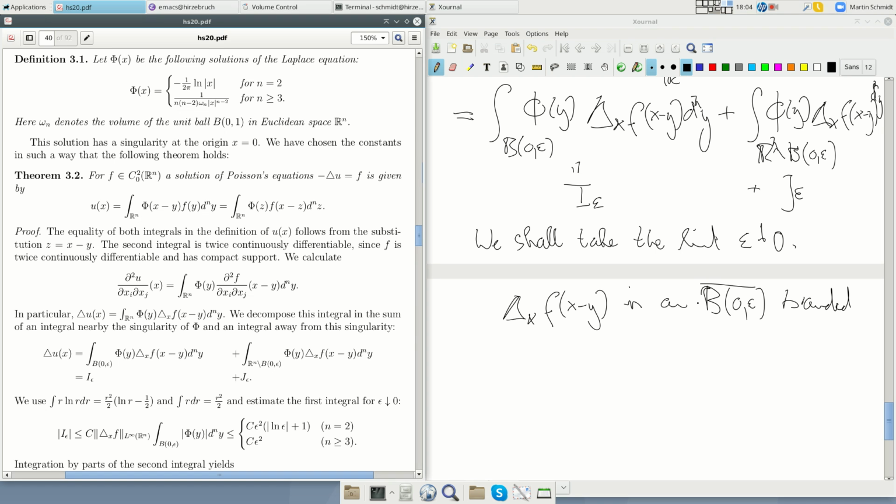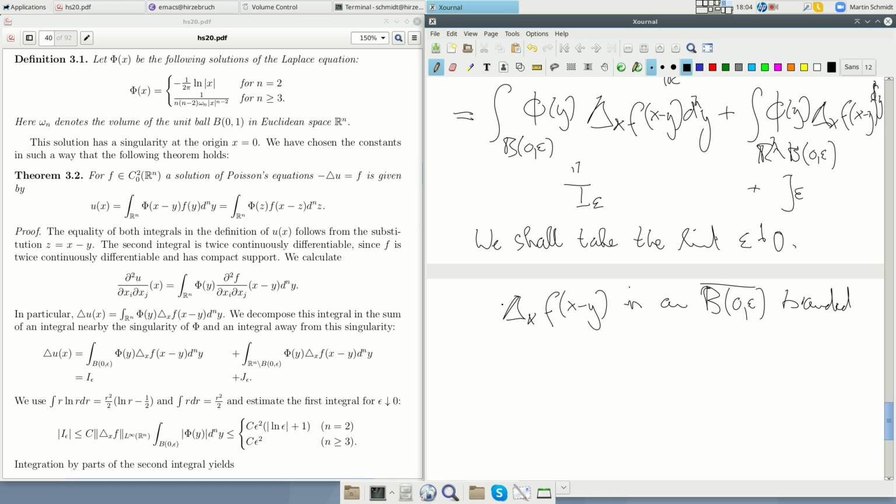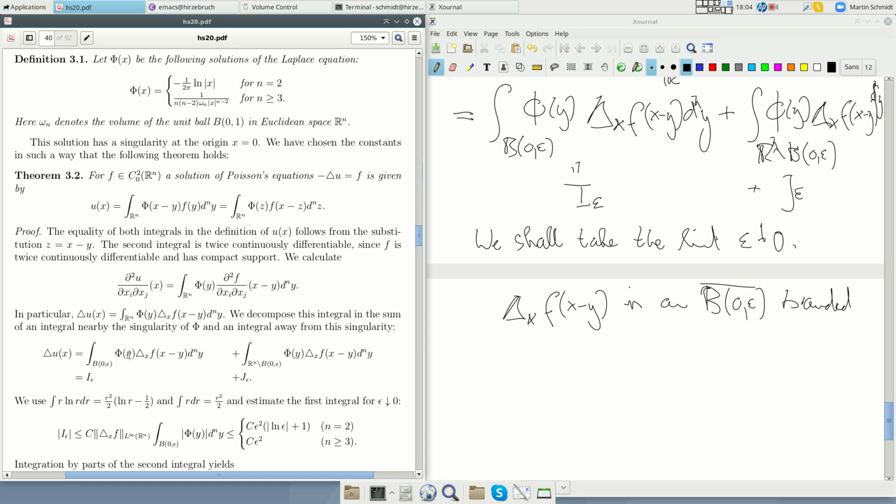So we just take the supremum norm of this function on this set, and then estimate this function. And phi itself is positive, at least here for small epsilon. If epsilon is small, then the logarithm becomes negative on this epsilon ball, so minus the logarithm is positive. So phi is positive.